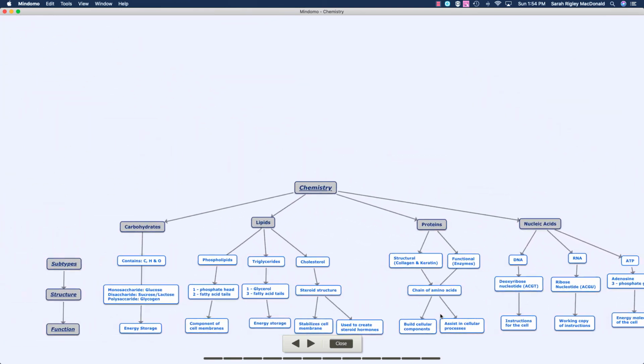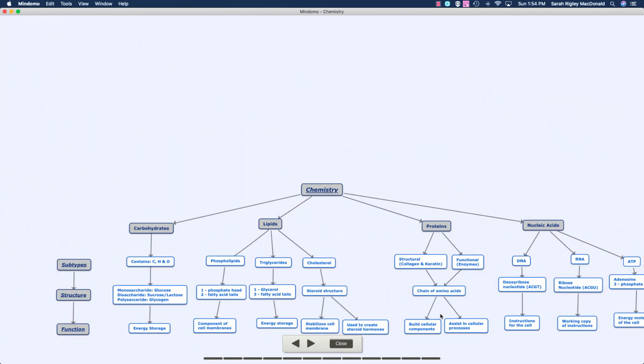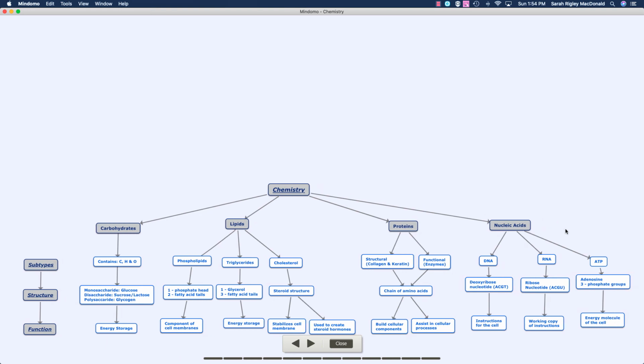So that's all of the chemistry in a nutshell. Remember that when you're studying this, try to think of it in layers, right? So this very first section, know just the subtypes: carbs, lipids, proteins, nucleic acids. The most important thing for me always is going to be function. So if you remember the function of each, that's great.